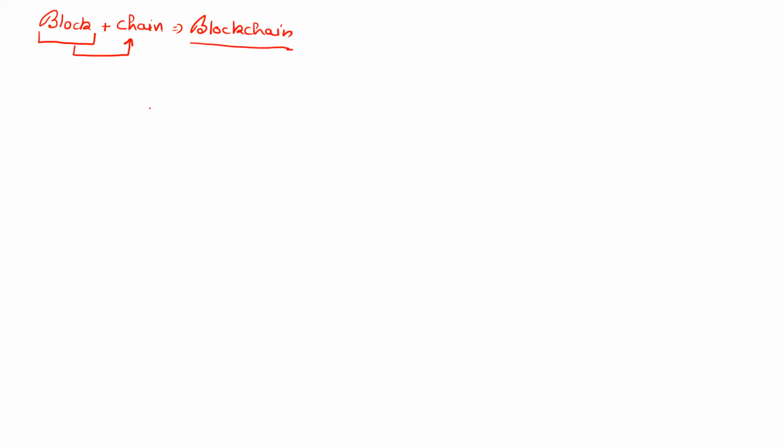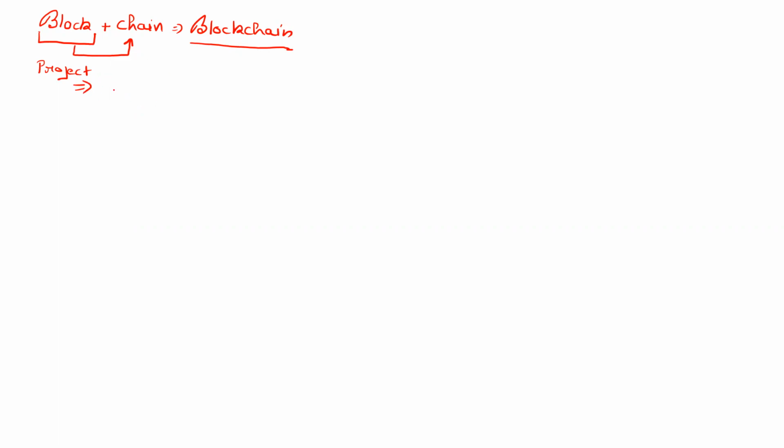Let's take an example to understand the concept of the blockchain. Suppose there is a company, and in the company one project is going on, and this project is divided among multiple engineers.